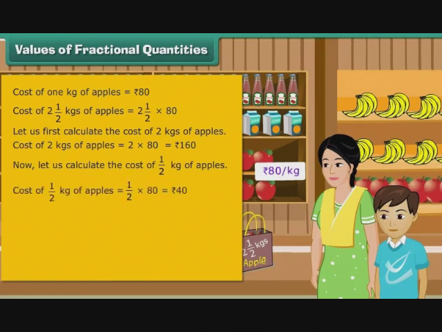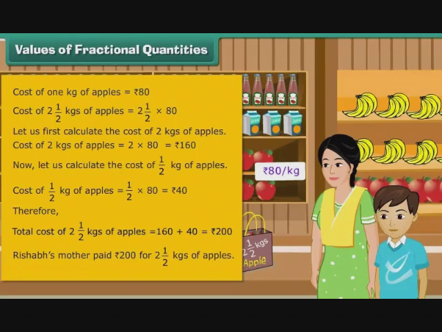Cost of half kg of apples is equal to 1 by 2 multiplied by 80, which is equal to Rs 40. Therefore, total cost of 2.5 kgs of apples is equal to 160 plus 40, which is equal to Rs 200. Rishabh's mother paid Rs 200 for 2.5 kgs of apples.